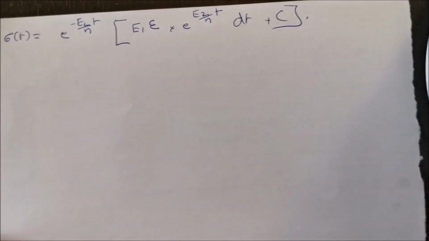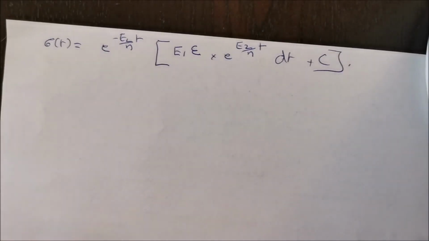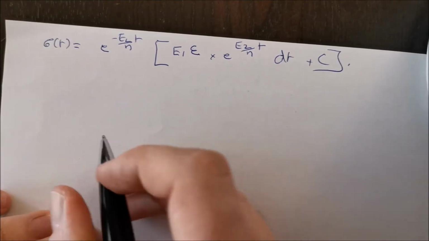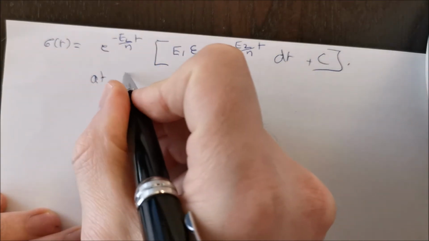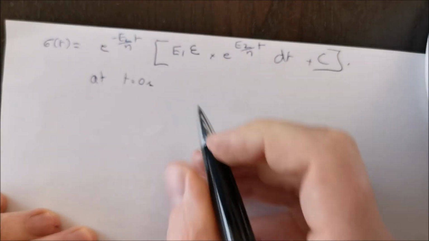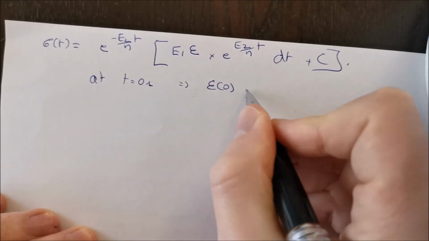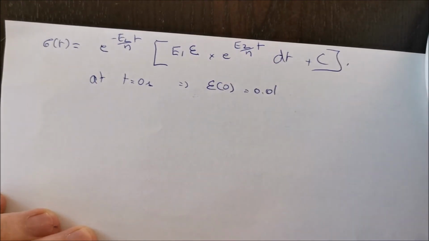So having this form, now the last thing to do is to calculate the constant c. Okay. So we can just start by listing what we know. At time equals 0 seconds, we have epsilon 0 equal to 0.01, so the 1%.